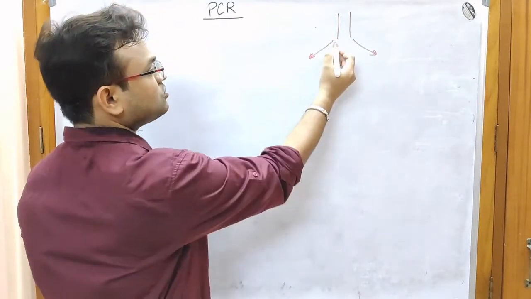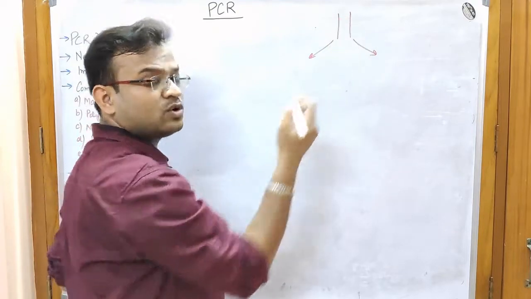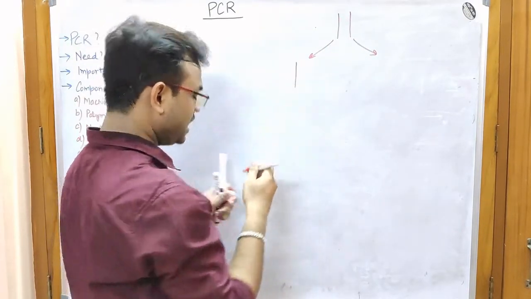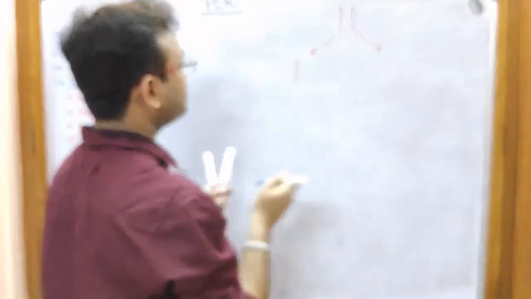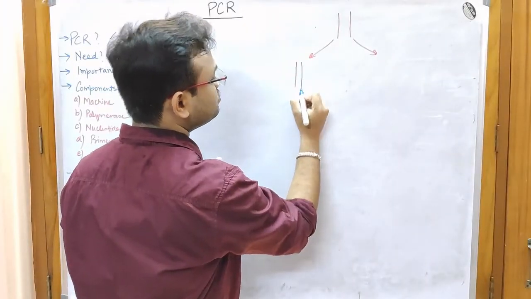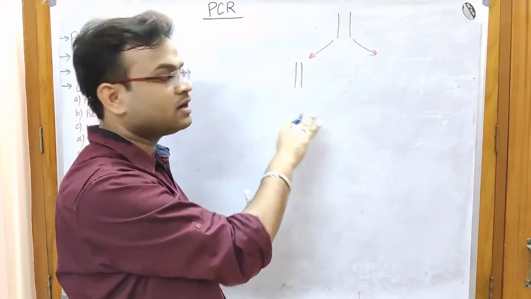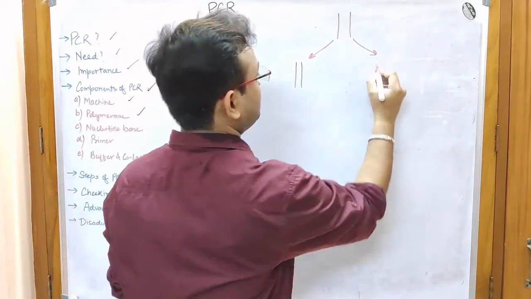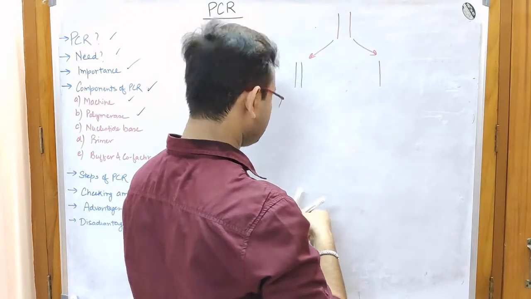Let us understand this. So the red one is the old or the original strand, and now with the help of this red one, we will again get a new strand. This new strand has been shown in blue color. This has been formed by PCR, polymerase chain reaction. Similarly in here also.